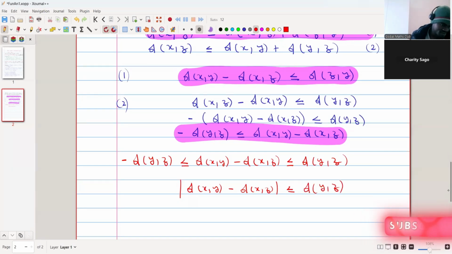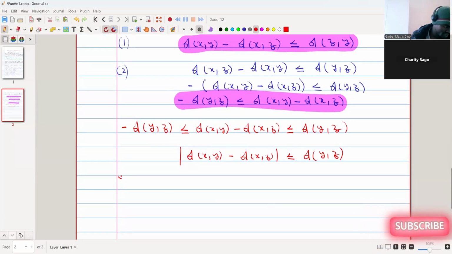Why? This comes from the fact that if we have a positive and the absolute value of x less than a, this is equivalent to x being between minus a and a.